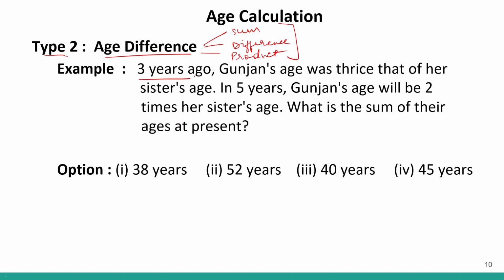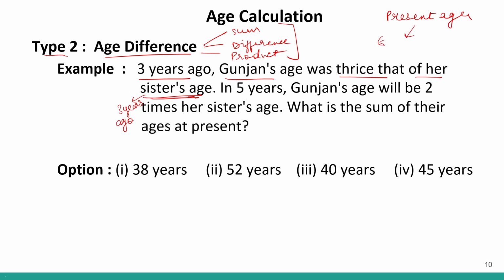Now, 3 years ago, Gunjan's age was thrice that of her sister's age. So over here, the sister's age is also 3 years ago. Okay? In this question, if you comprehend this sentence, 3 years ago, Gunjan's age was thrice that of her sister's age, we are also talking about the sister's age 3 years ago. So let present age, now we are talking about only present age.